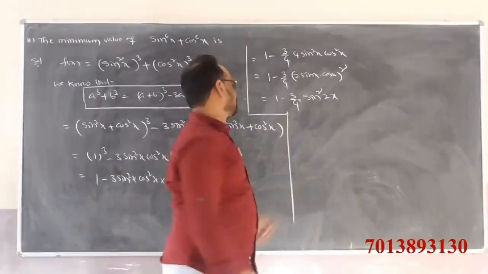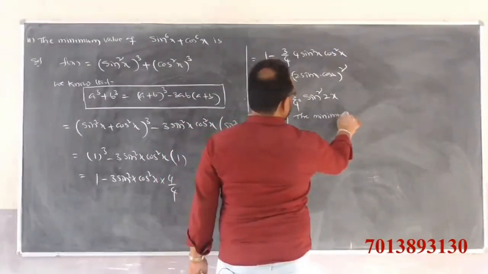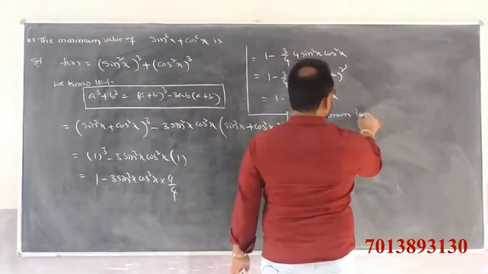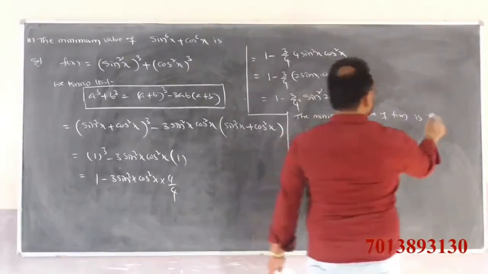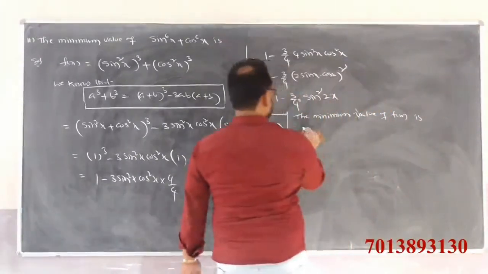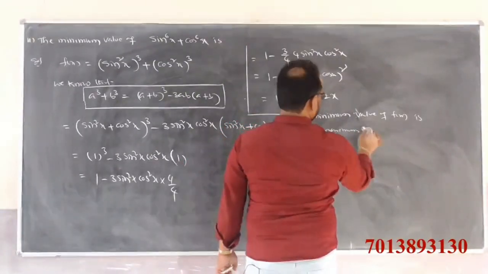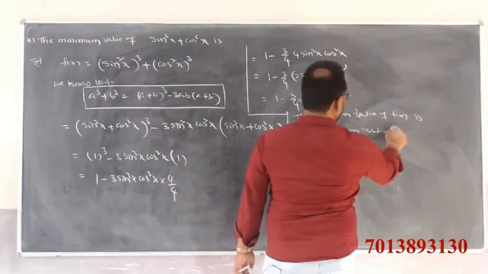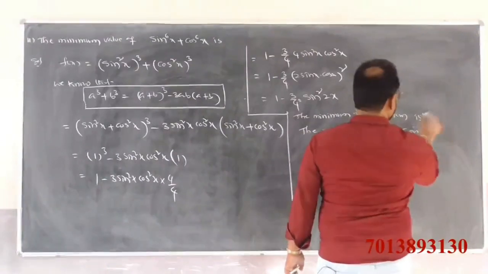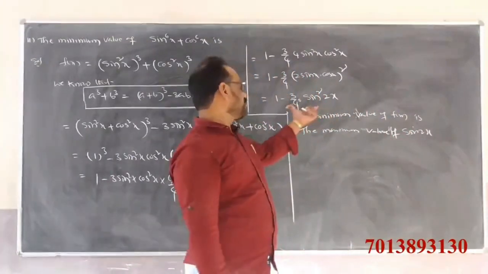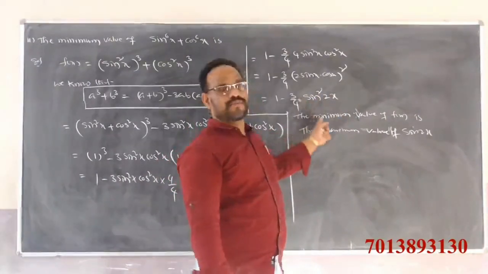So the minimum value of f of x is when the value of sin 2x is at its maximum.